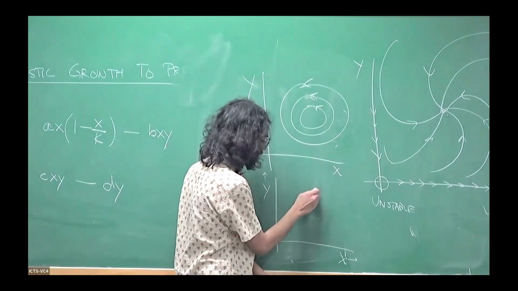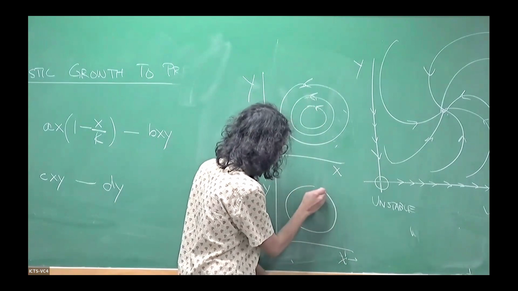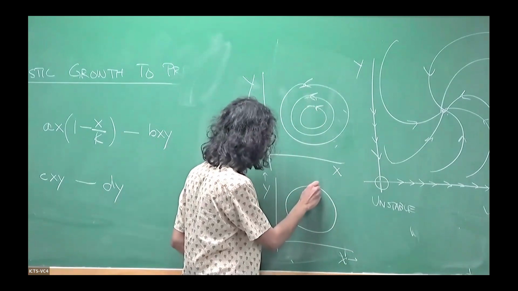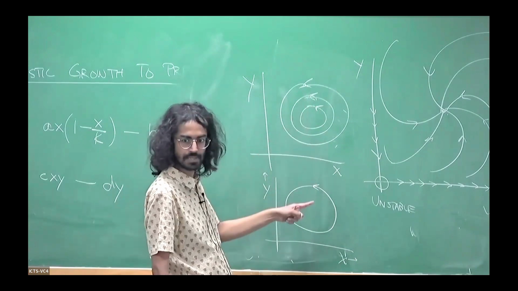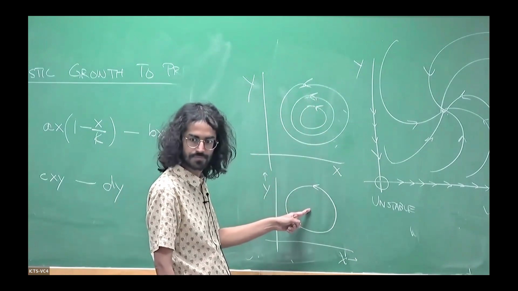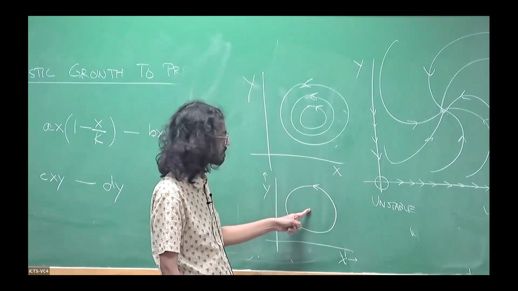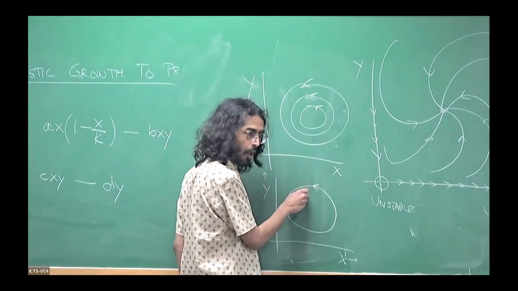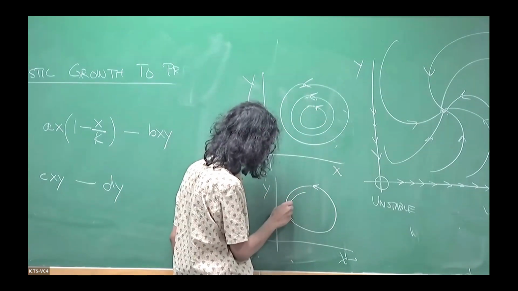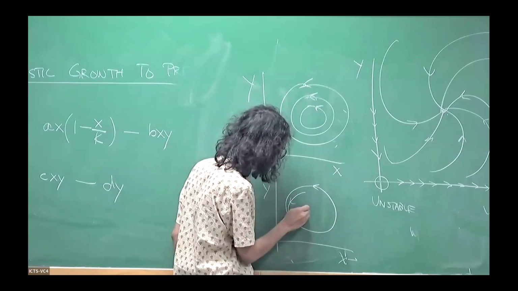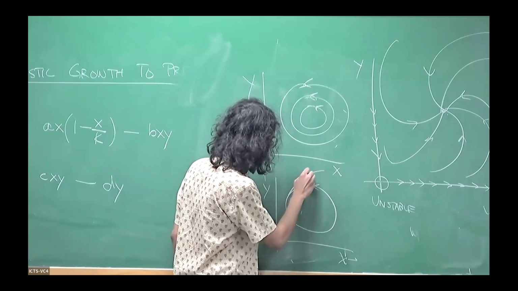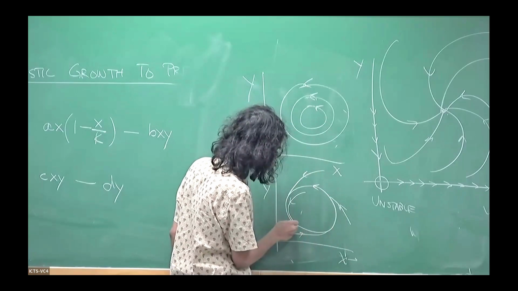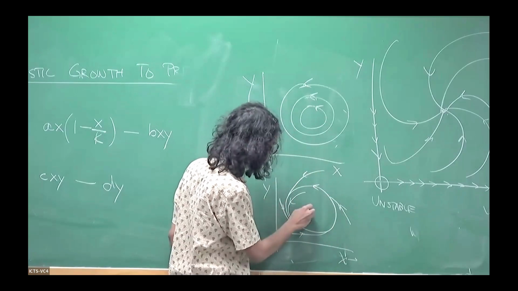It would have something called a limit cycle, which would mean that there would be one orbit. It doesn't have to be a circle, but one orbit. What's the difference between this and that? If you go away from this orbit, the dynamics would bring you back to this orbit. So in some sense, this cycle, this orbit itself becomes an attractor.